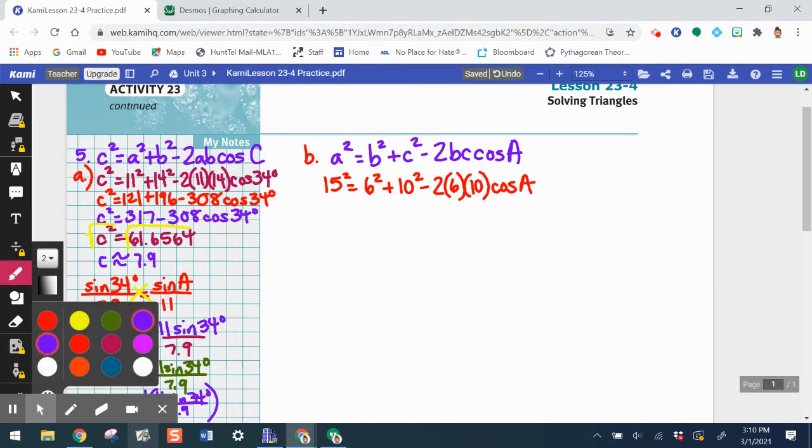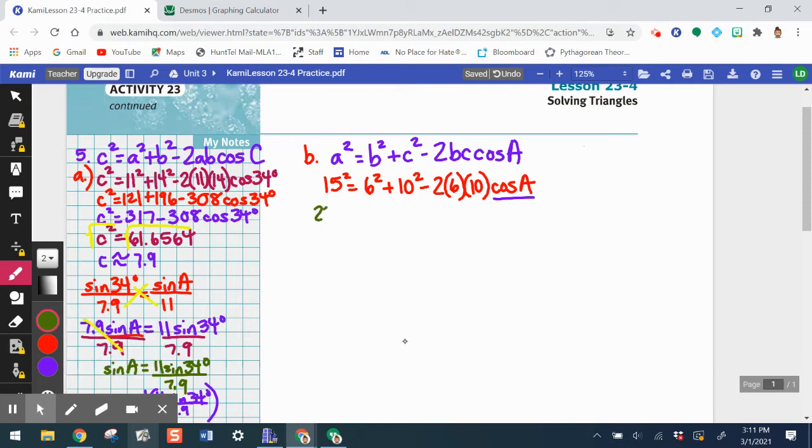Our first task is to simplify the math that we actually can, and then we need to get cosine of A by itself so that we can solve for A. So we'll start squaring these values here. 15 squared is 225, 6 squared is 36, 10 squared is 100, and we'll multiply 2 times 6 times 10. 2 times 6 is 12, 12 times 10 is 120.